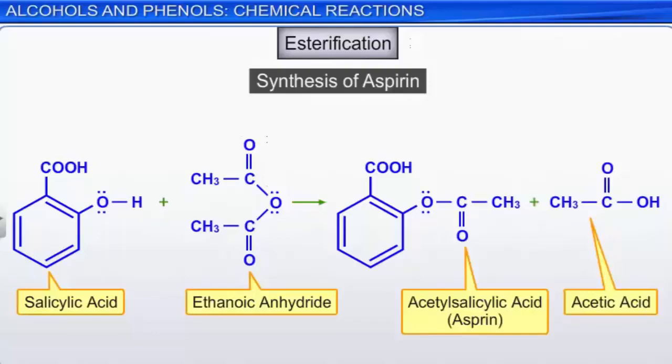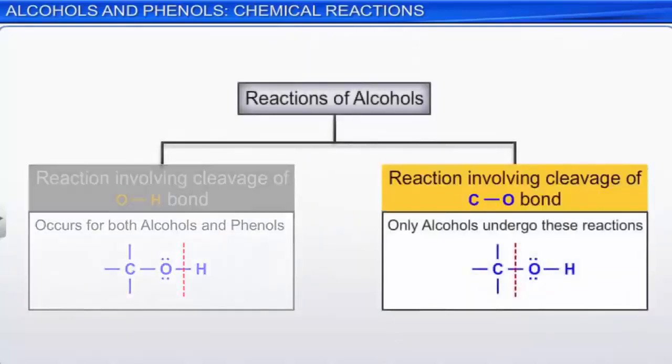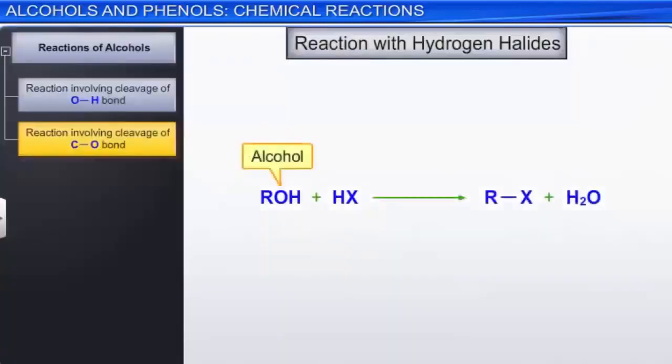Now let's turn our attention to reactions that result in cleavage of the carbon-oxygen bond. Only alcohols show these types of reactions. Alcohols react with hydrogen halides to form alkyl halides and water.